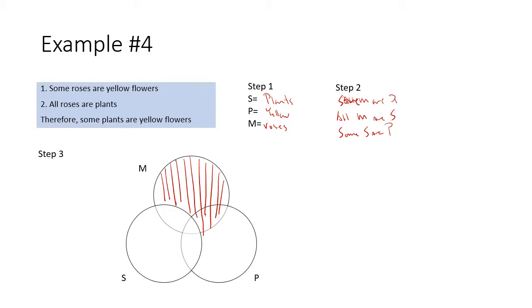So some M are P, that would mean that there's an X in this M and P overlap, and some of it has been shaded in, but some of it's still open. So the X goes there. And now we check. So do we have an S that's a P? So do we have at least an X in the S and P overlap? And we do have an X there, so this argument is valid.